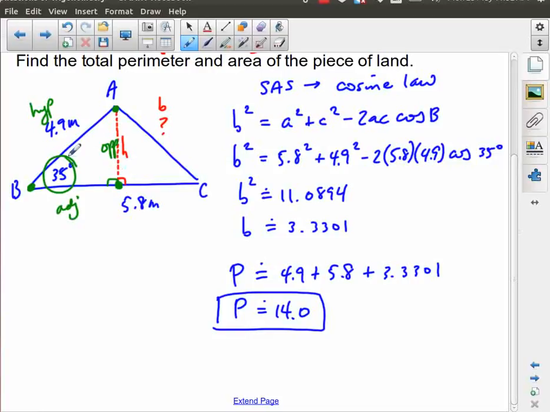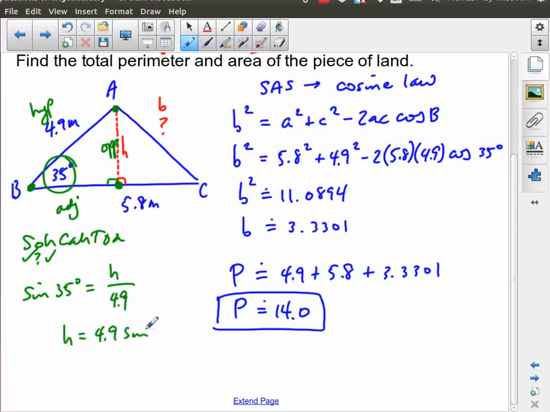For this one, I'm interested in opposite and I have hypotenuse, so I'm going to use SOHCAHTOA, where I'm interested in opposite and I have the hypotenuse and the angle, so I'm going to use sine. So the sine of 35 degrees is equal to h divided by 4.9. So h is equal to 4.9 sine 35 degrees.